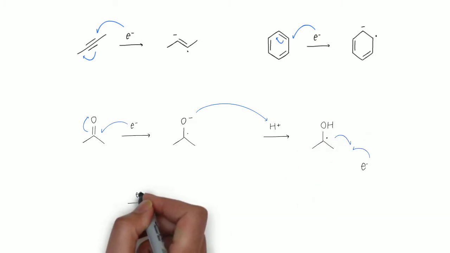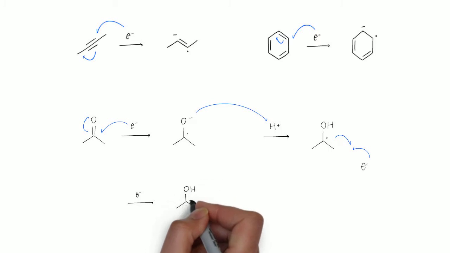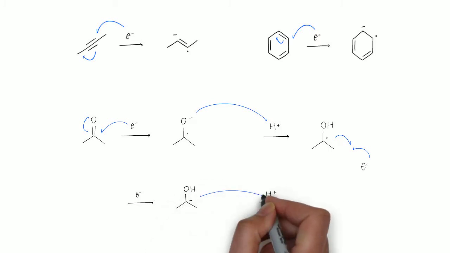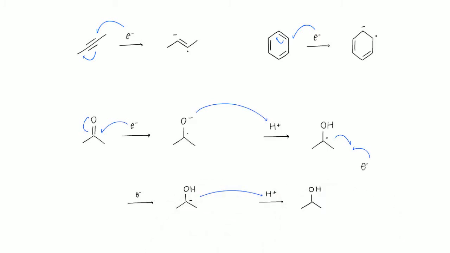Let's suppose also that we take a radical and then add another electron to it. Well, the electron brings 1 charge with it. So if I take this radical that we formed by protonation of the radical anion that we got from a ketone, then I will form an alcohol.